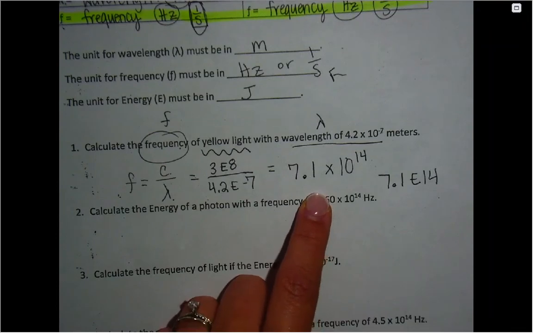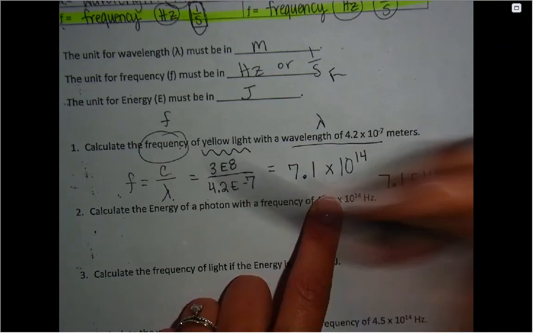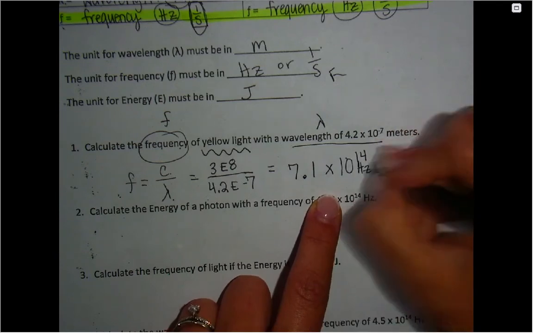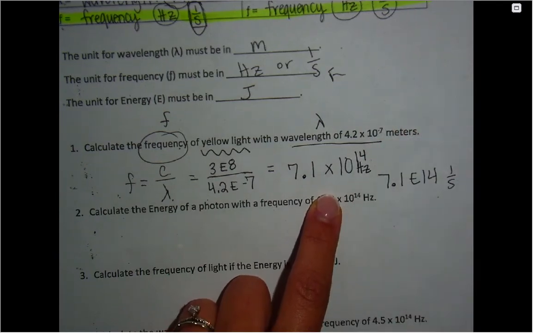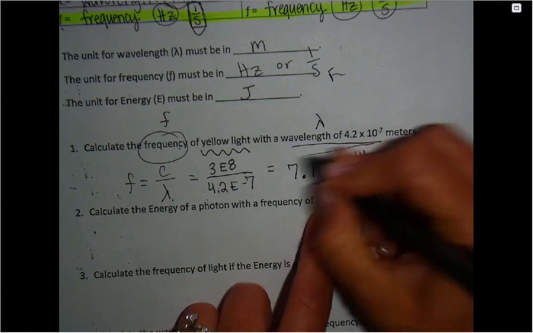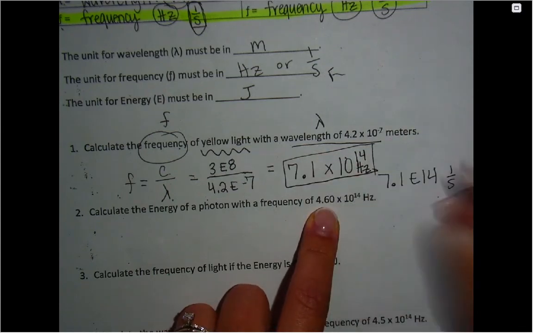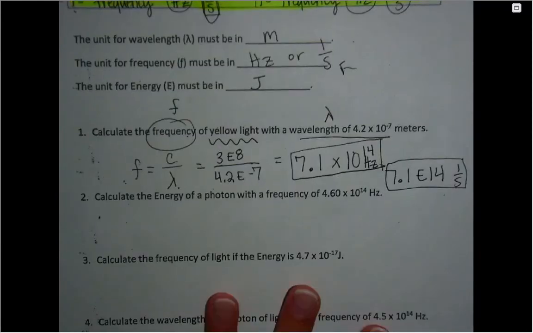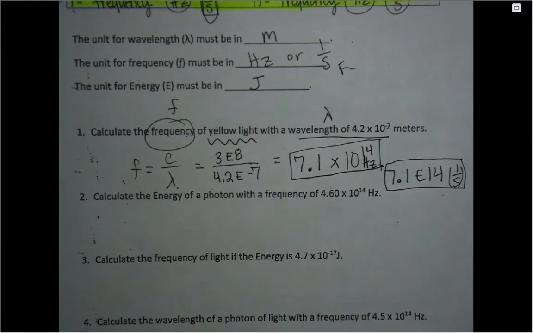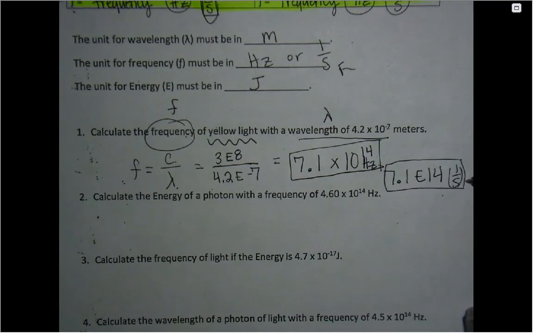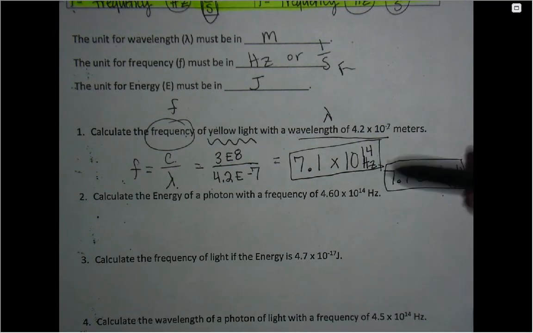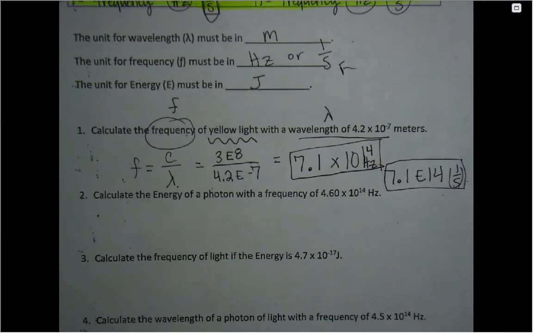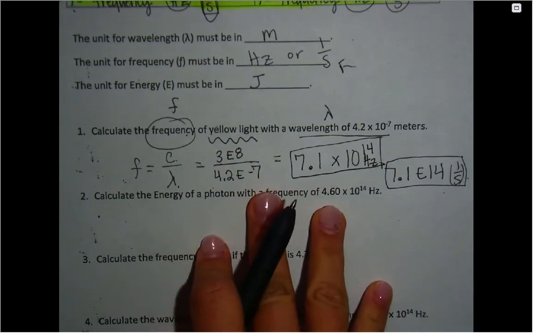Your unit. Who are we talking about, right? So we are talking about frequency, so you can end with hertz, or you can say 1/s. It doesn't matter. Okay? Make sure you put those units on there. This kind of gets overwhelming when you're looking at numbers, so you might stick with hertz. All right, is there any questions on that one?